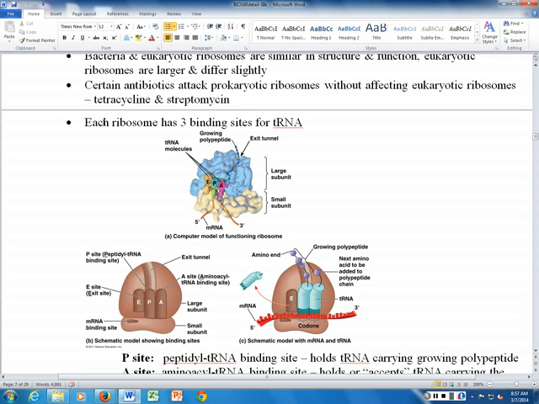And that's actually really useful for us, because if you're going to try and kill bacteria in a eukaryotic organism, such as a human, you would like to be able to kill the bacteria but not kill the eukaryotic cells. And by targeting specifically that bacterial type of ribosome, you're going to kill more prokaryotic cells.